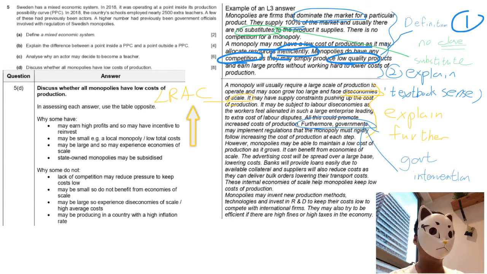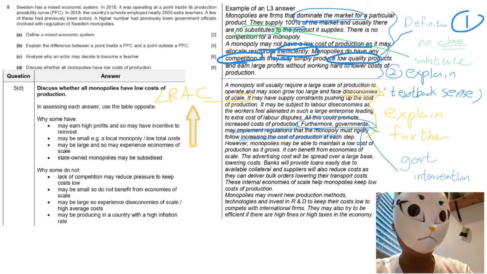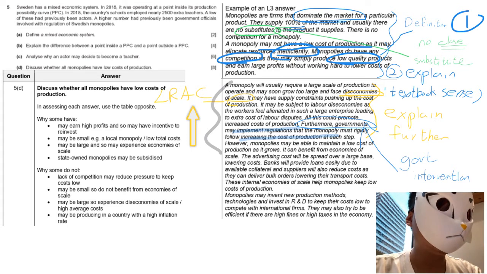The US government always interferes, so they will implement regulations that increase the cost of production. So let's move on. These are how you answer that they may not, so it is against the statement.